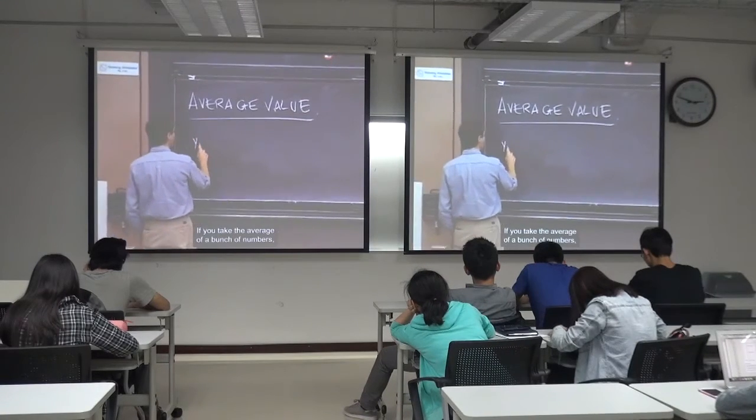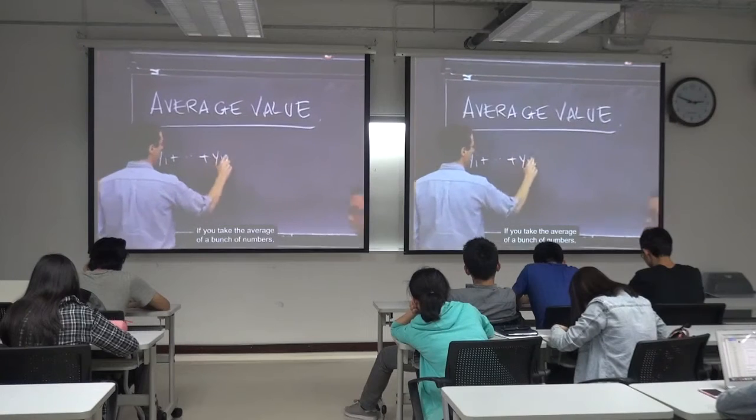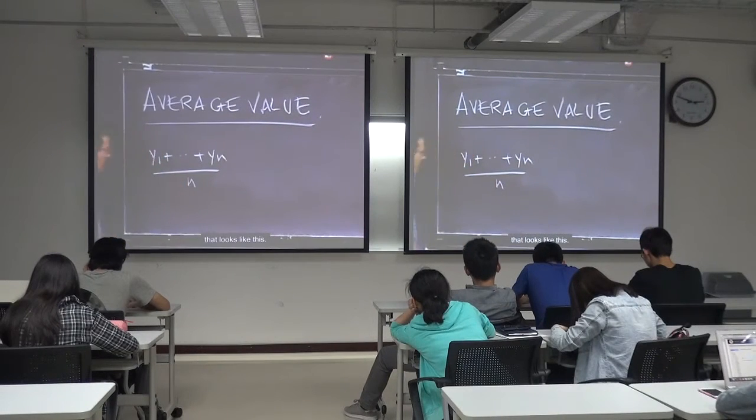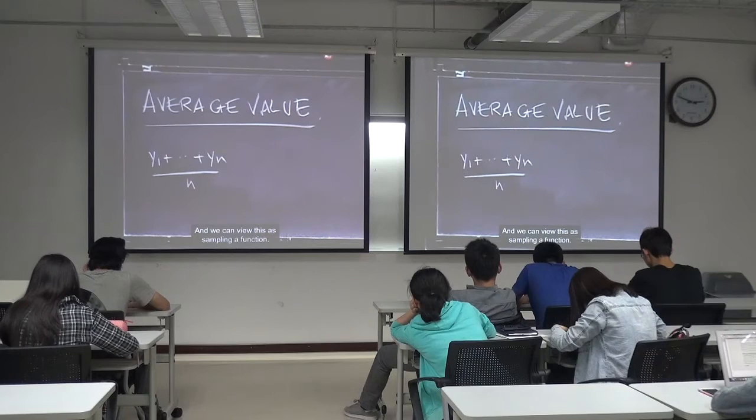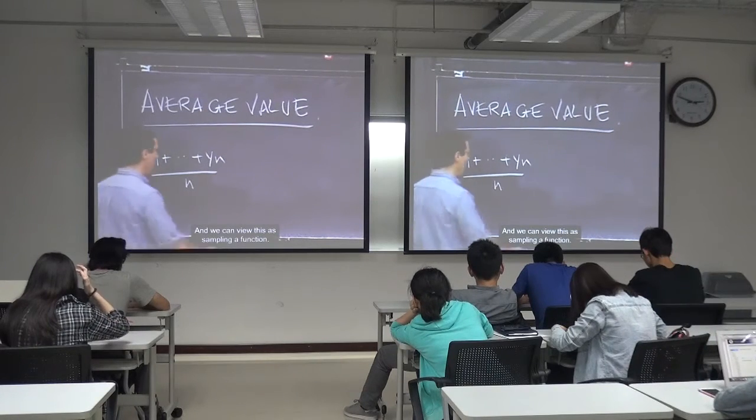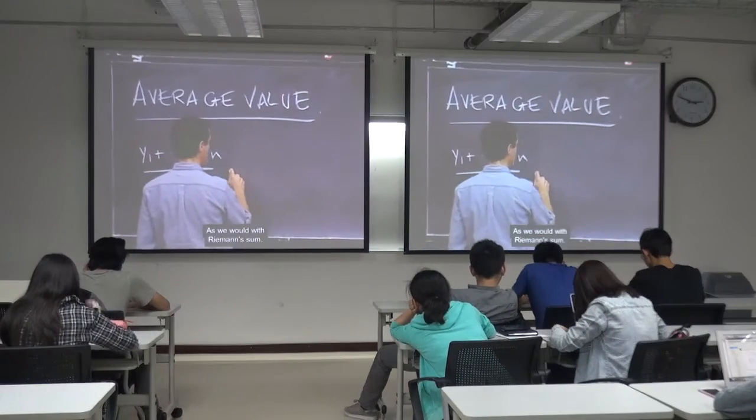If you take the average of a bunch of numbers, that looks like this, and we can view this as sampling a function as we would with the Riemann sum.